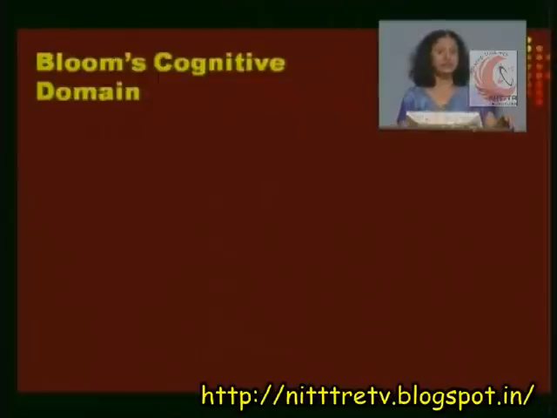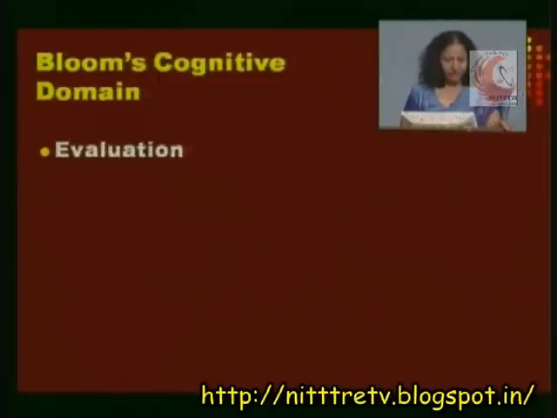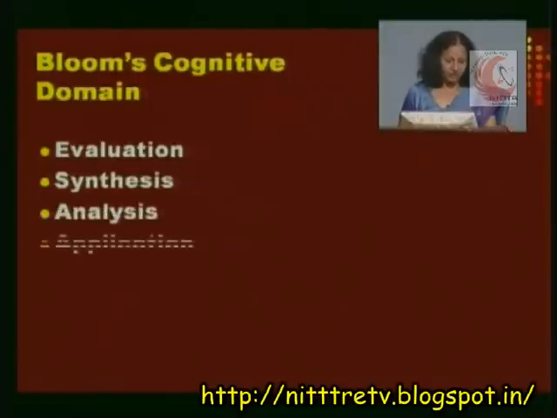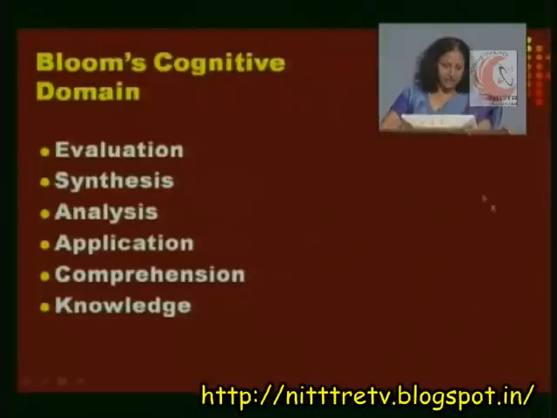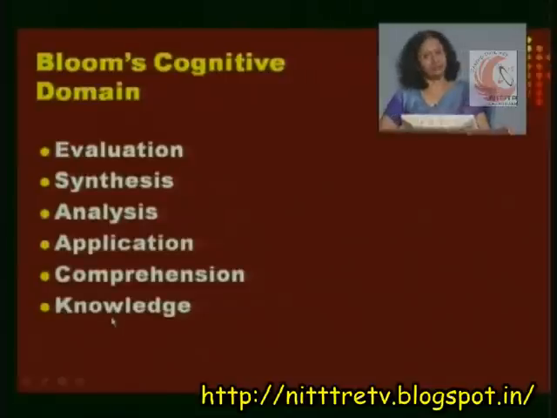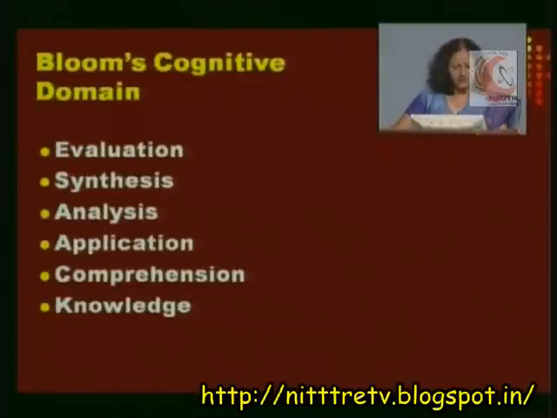Right, in 1956, Bloom classified the cognitive domain further into 6 levels. Knowledge level is the lowest level. It is just recalling of the simple things.